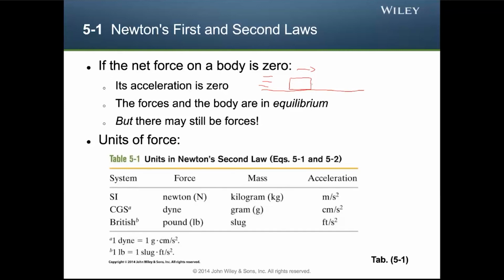Now, let's say that you apply another force in this direction, and we'll say it's like 5 newtons. When you apply this force, what's it going to do? It's going to decelerate this block. So then if you came on the other side and applied another 5 newtons, you've basically canceled this out.